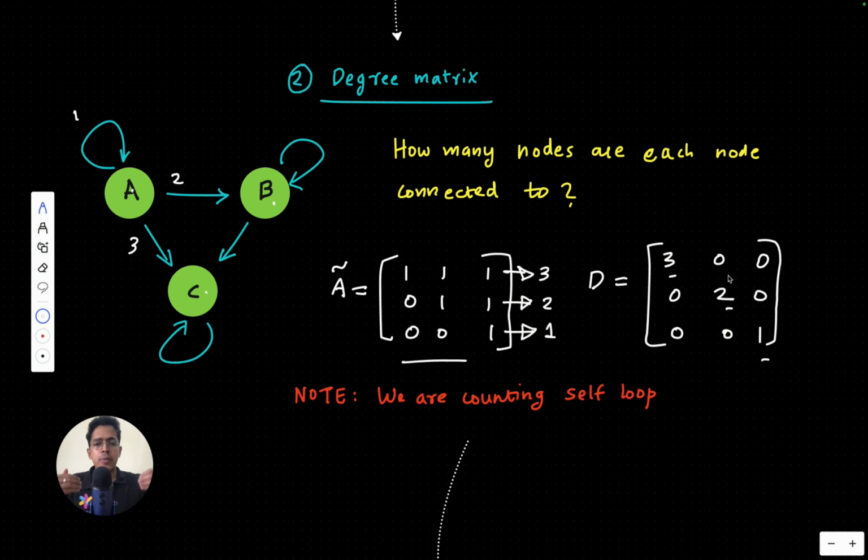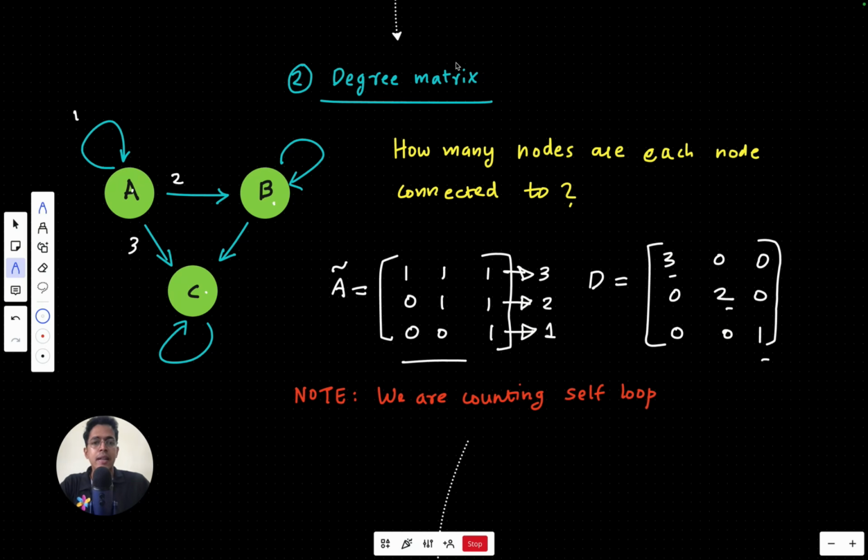So we have to perform some kind of normalization to account for the fact that this node is connected with too many other nodes, right? So we do this normalization so that the feature values are not blowing up, because we are aggregating the features from all other nodes, and then we are normalizing it by the number of edges that are connecting with this node, or going away from this node rather.